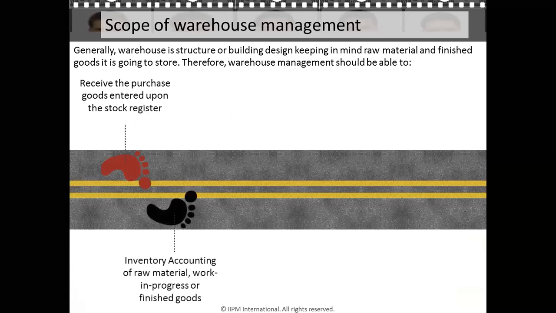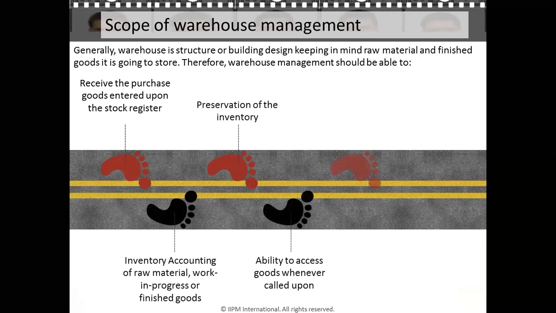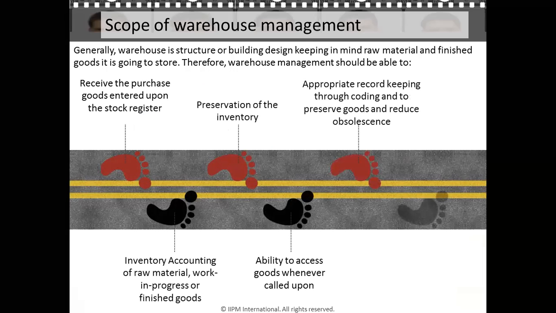What's the scope of warehouse management? Generally, a warehouse is a structure or building designed keeping in mind the raw material and finished goods it is going to stock. Therefore, warehouse management should be able to receive the purchased goods and enter them upon the stock register, do inventory accounting of raw material, work in progress, or finished goods, then preservation of the inventory, and the ability to access goods whenever they are called upon.